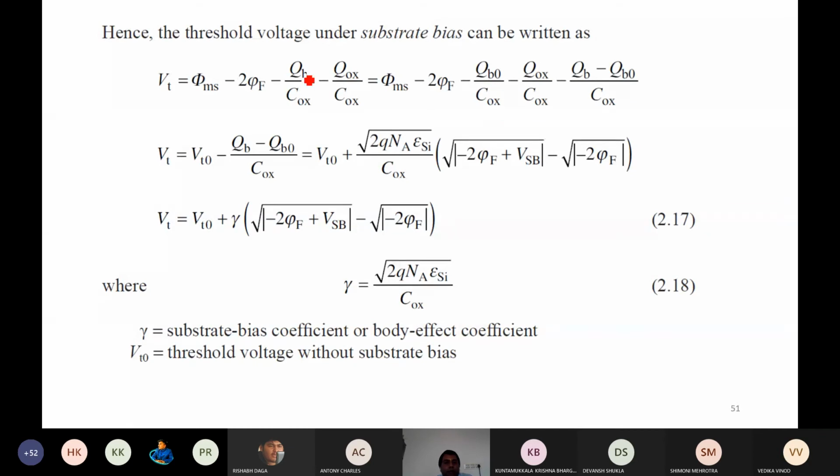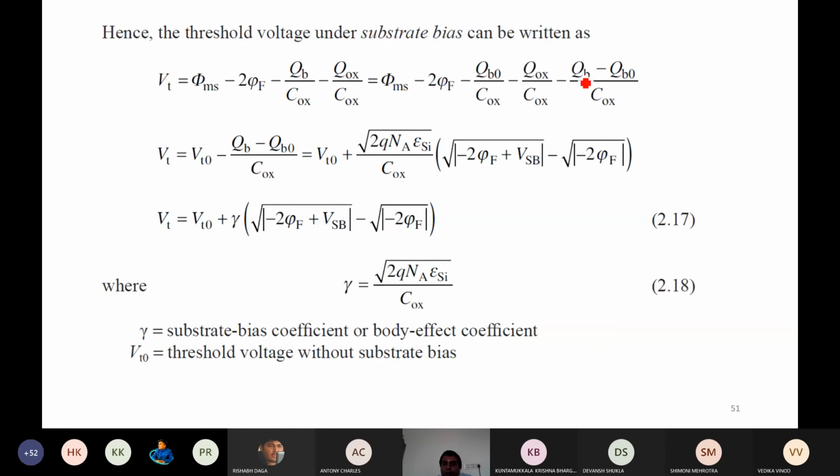Here QB by COX was there, but we are adding minus QB0 by COX, and then QOX by COX. We have taken the negative of QB by COX here, so that QB by COX is also adjusted here, and this QB is taken in this way. So there is some rearrangement of the terms: QB by COX minus QOX by COX. Now it is rearranged.